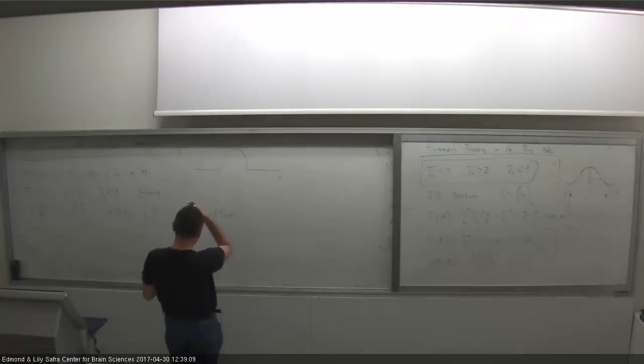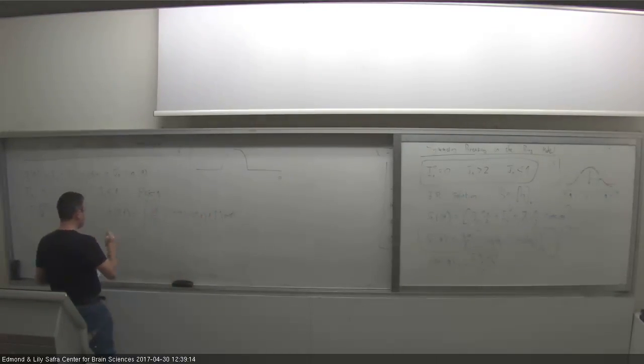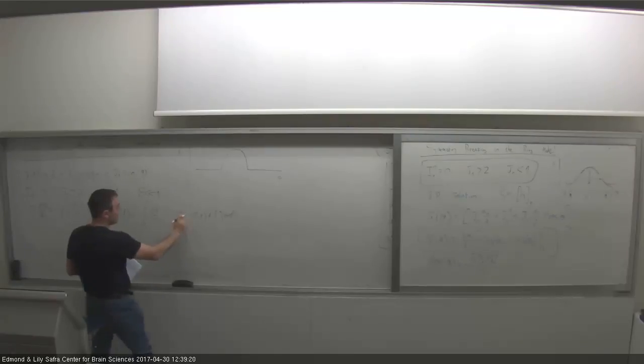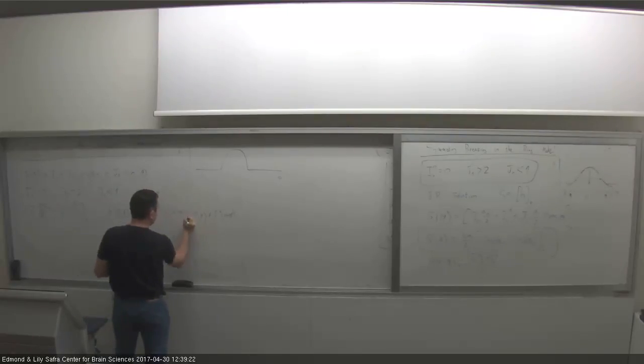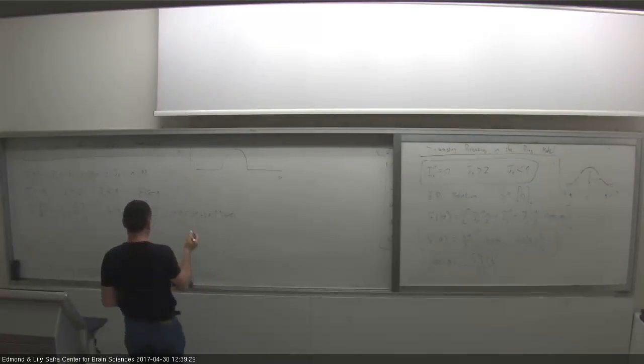Let's look at the input. Let's try and figure it out from the input. So we have this homogeneous term, which is easy and we don't care about. All the interesting things come from this term. Now this term has two components.